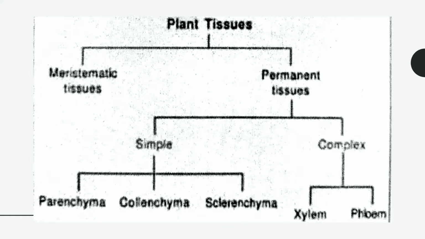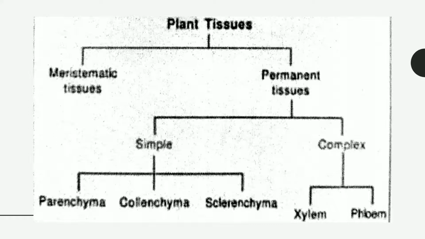If we talk about the plant tissue, this plant tissue is mainly divided into two groups. First is the meristematic tissues, and second one is the permanent tissues. The meristematic tissues are active tissues or actively dividing cells.